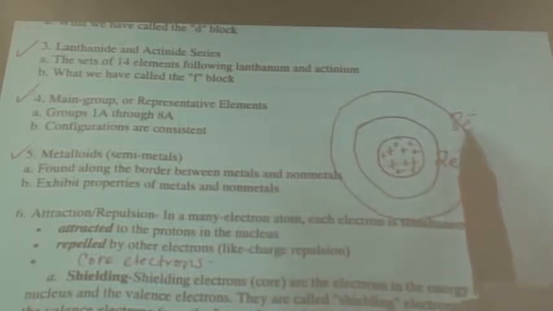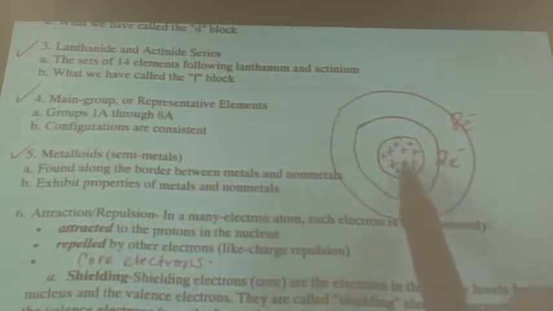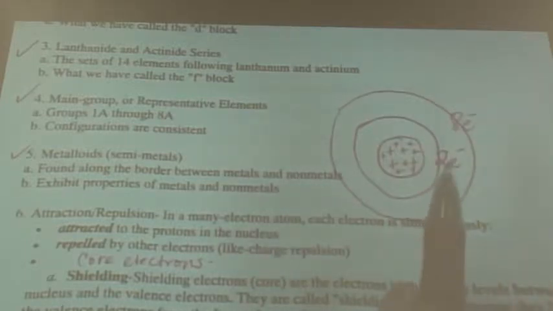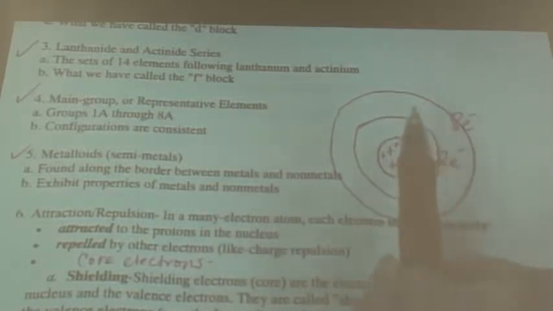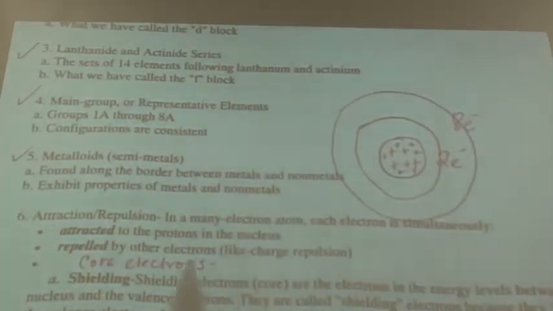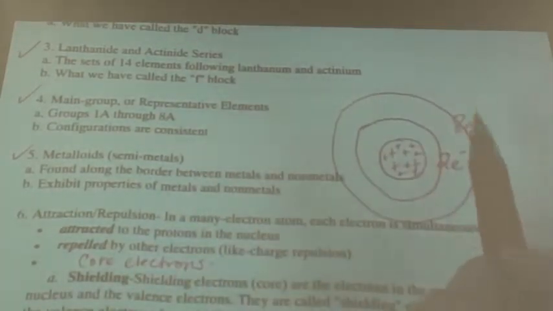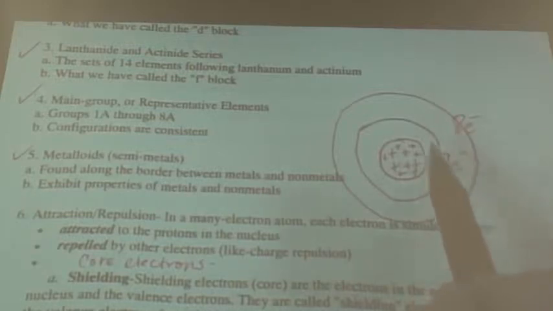Now these valence electrons, they're also feeling the attraction of the nucleus. But something is standing in their way. What's standing in their way? The core electrons. The core electrons are said to be shielding the valence electrons. They're hiding the delicious positive pull of the nucleus.